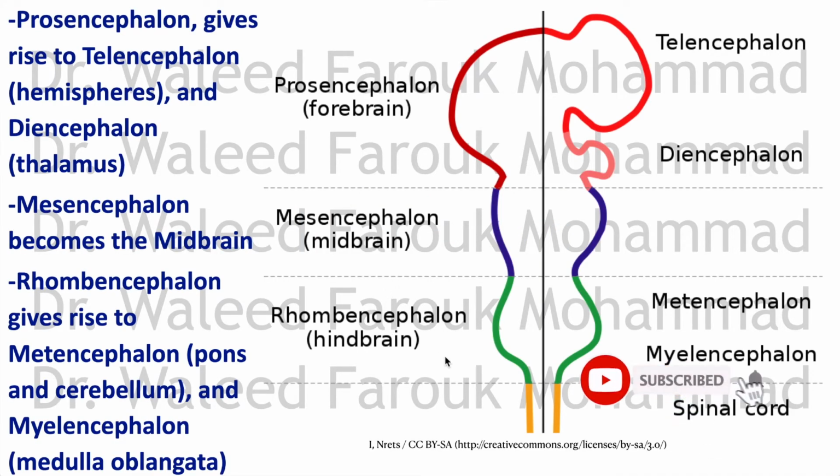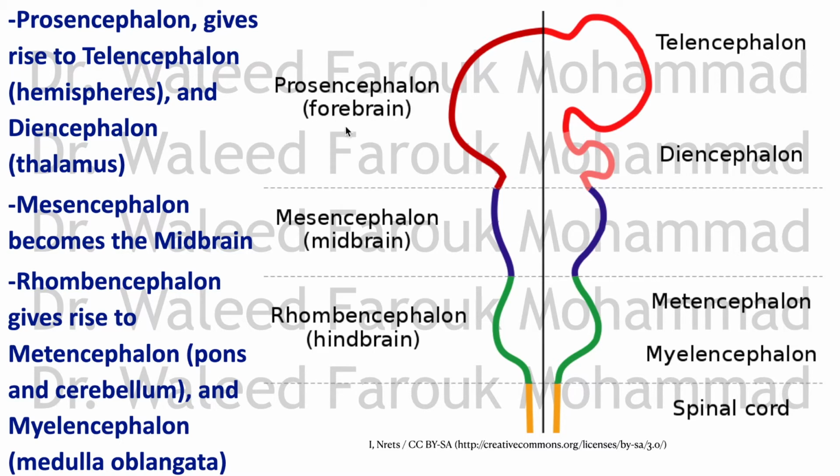The upper end of the neural tube during early development in the embryo gets differentiated into three major swellings. See, one, two, three. The most rostral one, the top one, is called the prosencephalon.